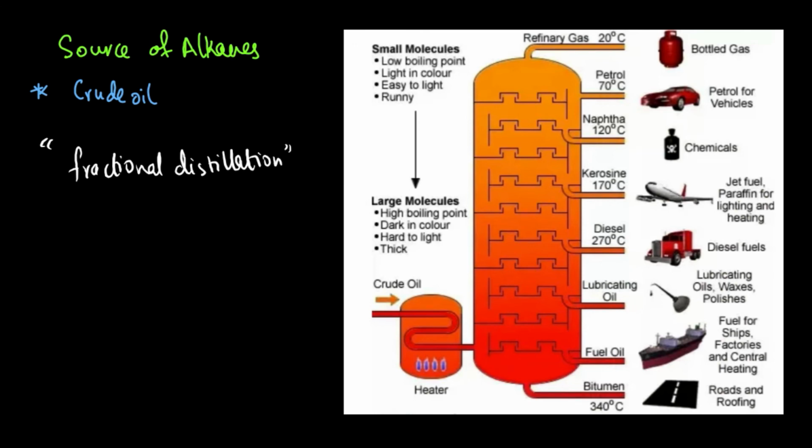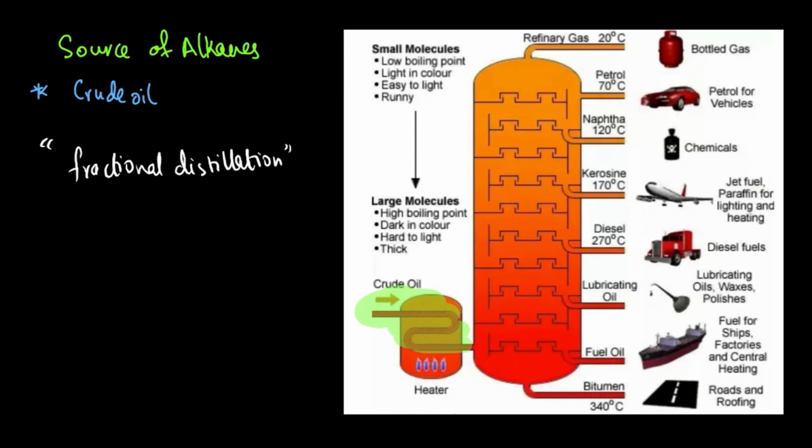And we can see that happening over here. We can see that first of all, the crude oil is put in from here into this heater, that is heated, and that leads to these fractions being produced.